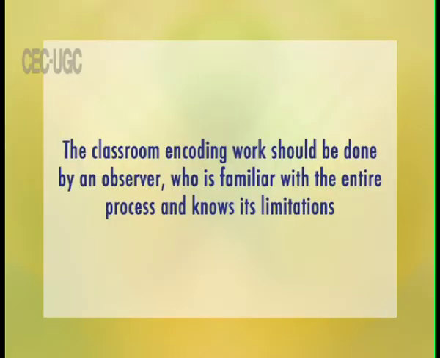Number 1, the classroom encoding work should be done by an observer who is familiar with the entire process and knows its limitations. Second, it is an exploratory device, therefore, value judgments about good and bad teaching behaviors are to be avoided. This technique is not an evaluative device of classroom teaching.